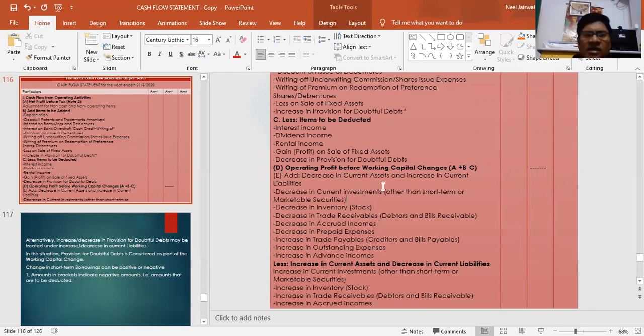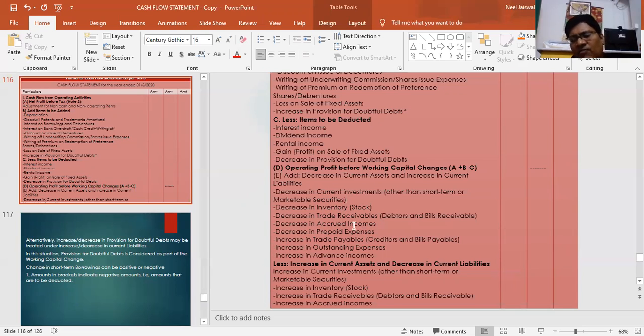So whenever cash is increased, we will add up. Similarly, whenever there is a decrease in current asset, like decrease in debtors, decrease in inventory, that means we have sold the goods, we have got the money. So decrease in inventory, decrease in trade receivables.